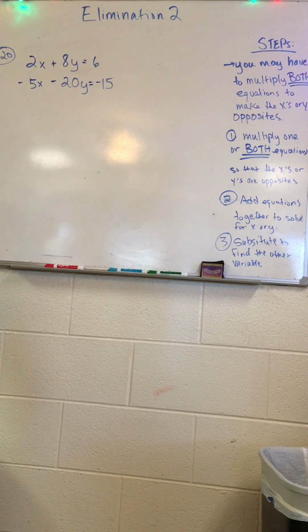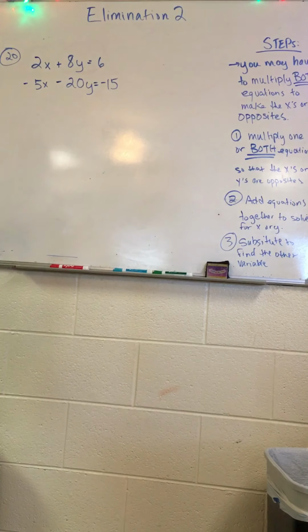Okay. So I want to deal with the smallest numbers I can because that's just easier. There's multiple ways to do this though, so I'm going to look at my 2 and my 5 here, because I know if I multiply those together, they equal 10.